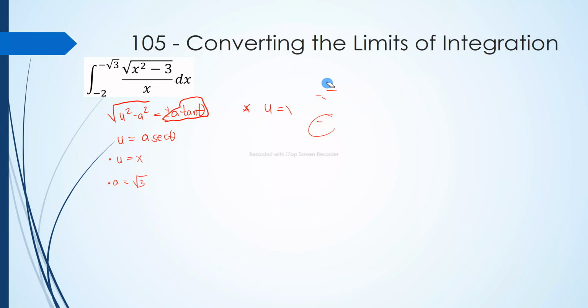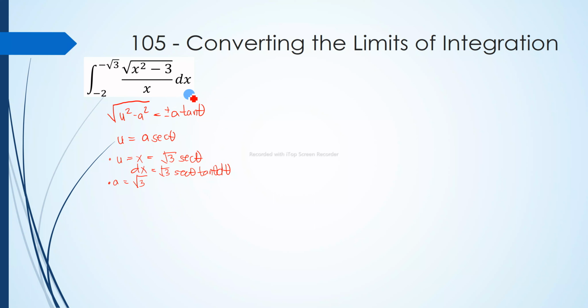Okay, let's continue with our solution. So we have here x is equal to square root of 3 secant theta, and dx is equal to square root of 3 secant theta tangent theta d theta.